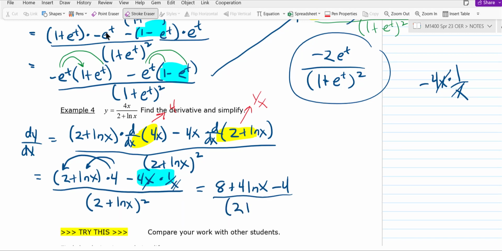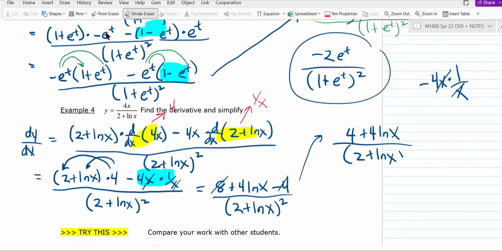Now we've got 2 plus ln x to the second power. Okay, what else do you see? Like terms, right? So you want to put these like terms together. That gives us 4 plus 4 ln x all over 2 plus ln x to the second.